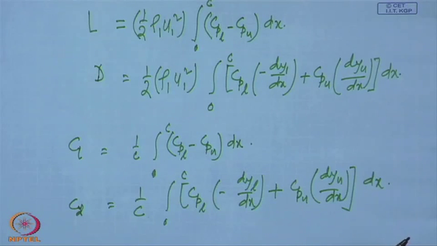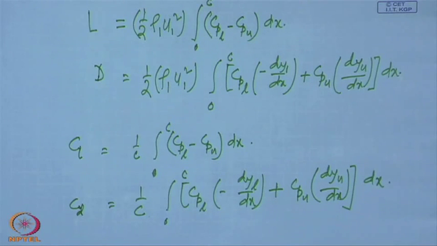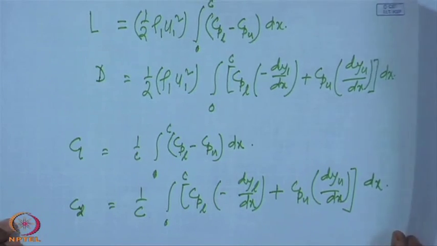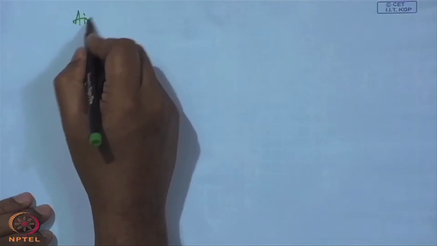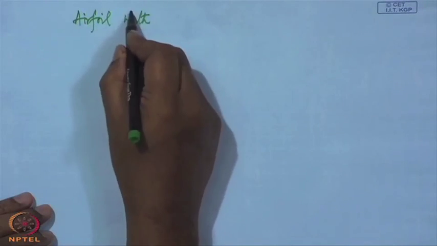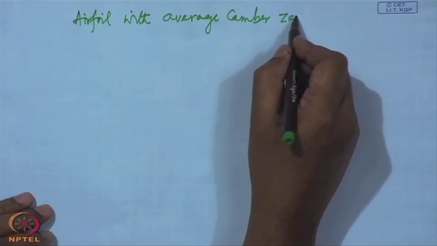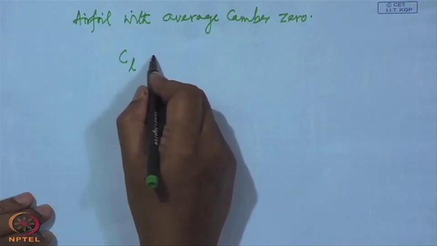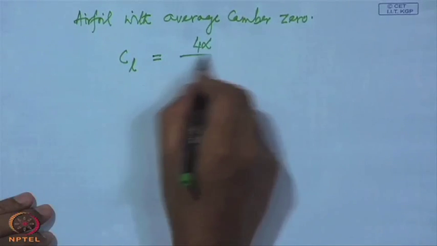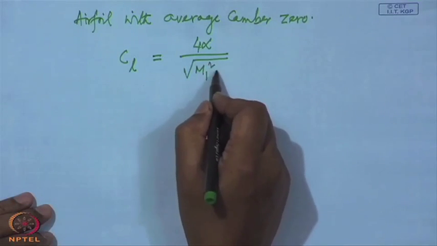And if the average camber over the entire airfoil is 0, then for an airfoil with average camber 0, this lift coefficient will again come to 4 alpha by root over M1 square minus 1.